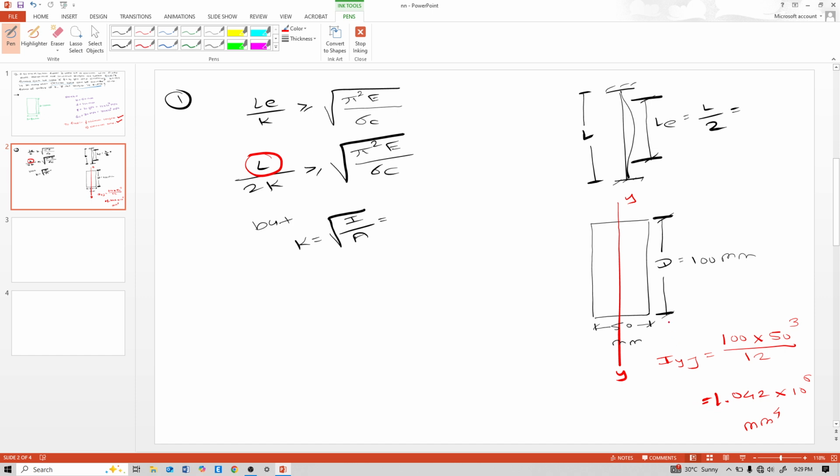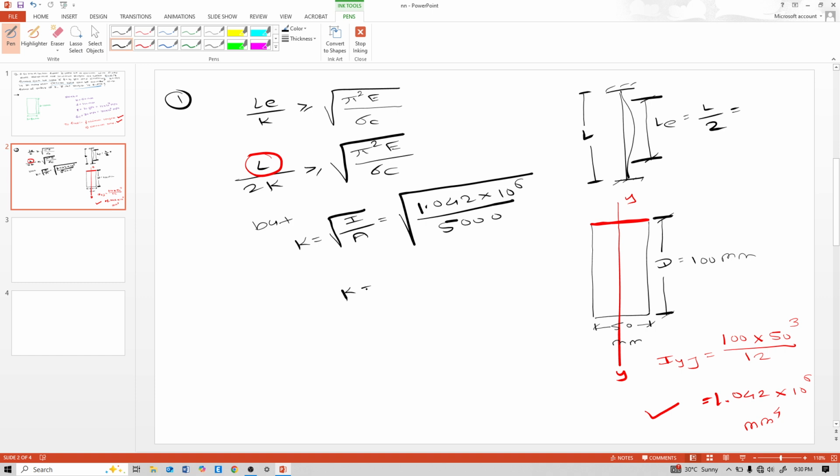What I told you is that we consider the least moment of inertia, and the least moment of inertia always passes through that minimum length axis. Remember that. I is 1.042 into 10 raised to 6, divided by the area. The area of the rectangle is simple, 50 into 100, it is 5000.